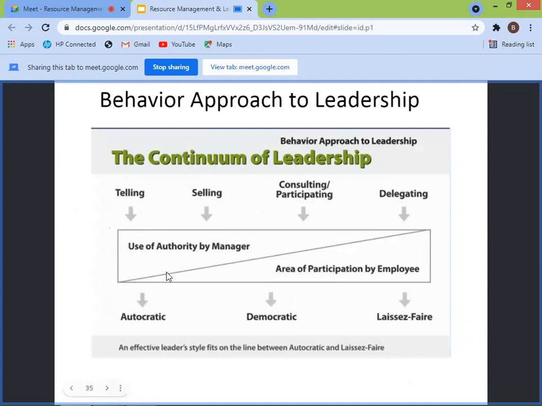Then there is this area, use of authority by manager, and this area of participation by employee. And there are three leadership styles: autocratic, democratic, and laissez-faire. Laissez-faire is nothing. You're not doing anything anymore.